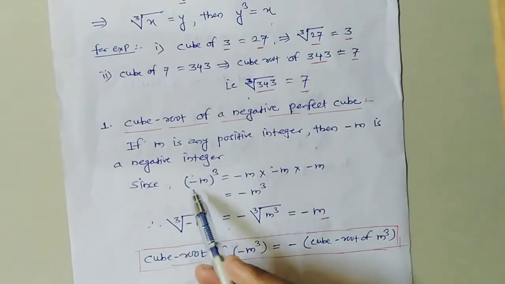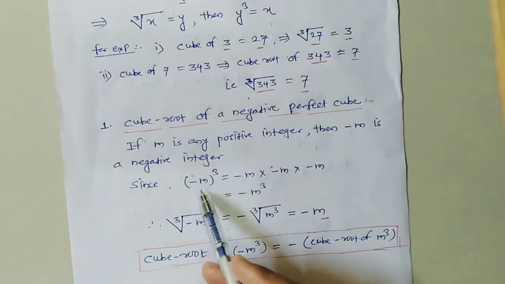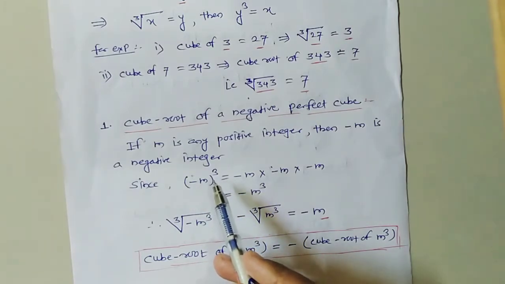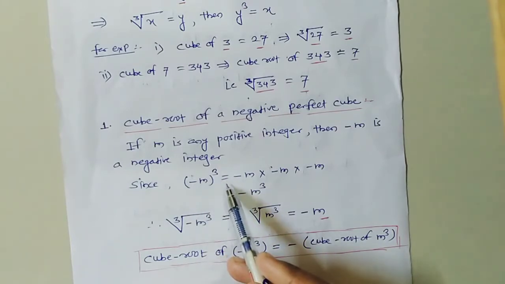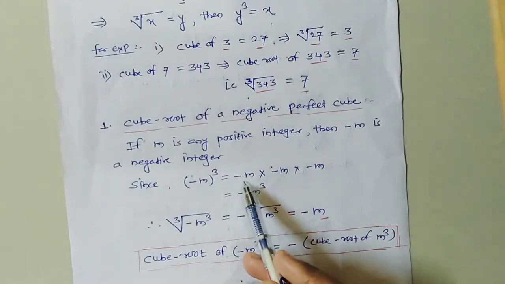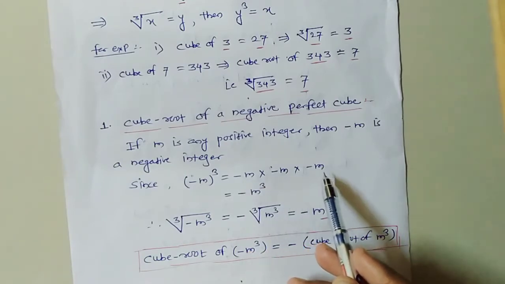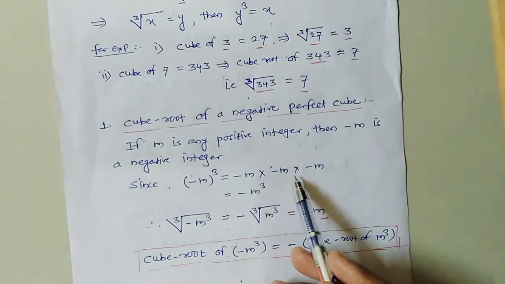Now the cube of minus m, or you can say minus m raised to the power 3, or minus m cube, is equal to, we can write, minus m multiplied by minus m multiplied by minus m. So product of minus m three times.